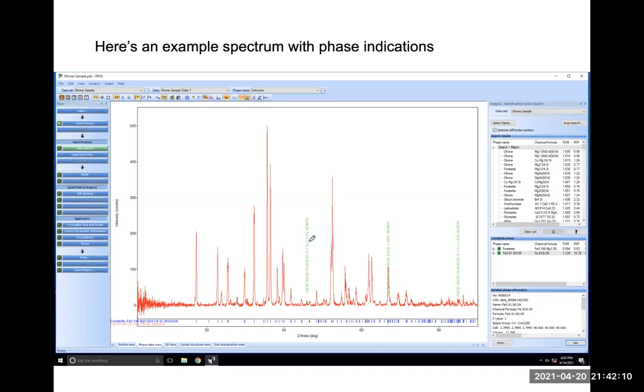And here in this green notation, the system's giving us information about which planes are creating them, because what we had to do is grind up the thing. And so there are many possible orientations. These are the crystal planar orientations, the Miller planes, I suppose, that are creating the different interference peaks that we're observing.